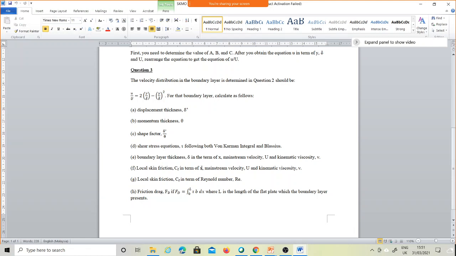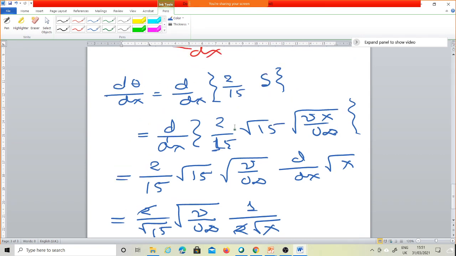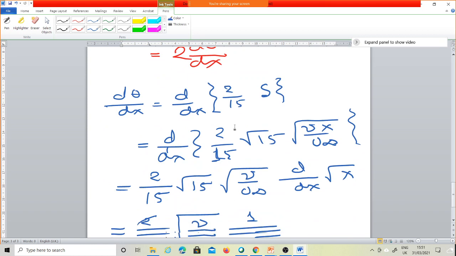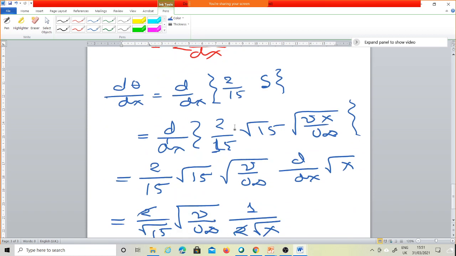So CF in terms of x, u and mu. So CF in terms of x, you should have somewhere an x, okay?